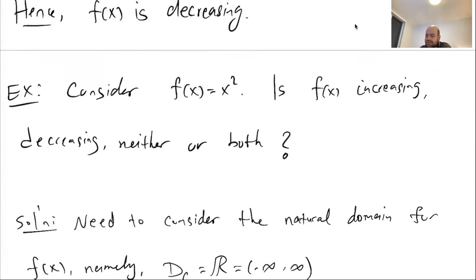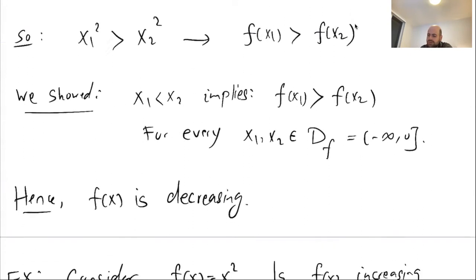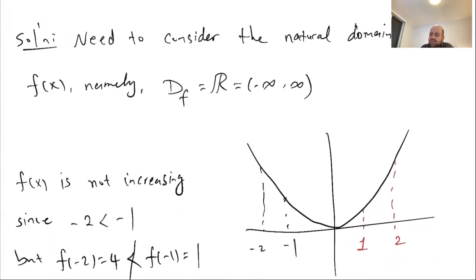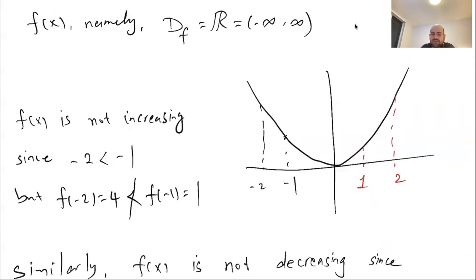In the next example also, we wanted to show f is decreasing. Again, we proved in general. But for this example, we want to show f is not increasing. So one counterexample is enough. We don't need a general proof here because we want to show the function is not increasing. If you want to show that a statement is not true in mathematics, one counterexample would suffice.